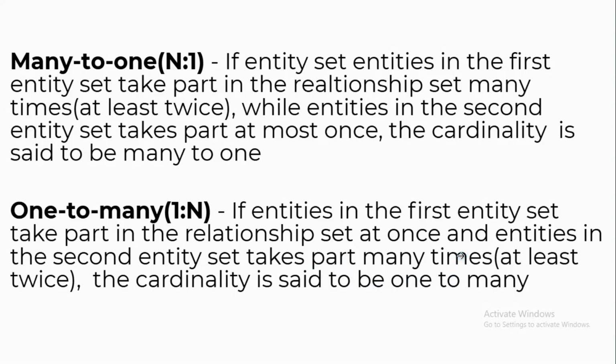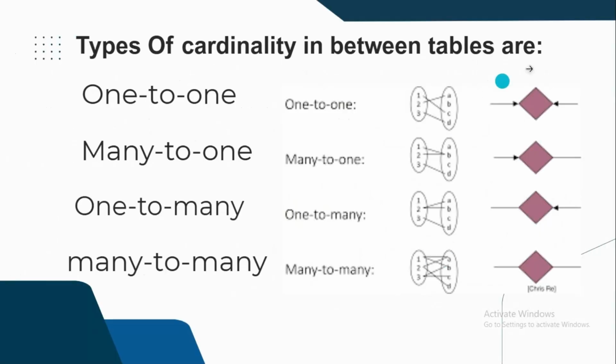Let me explain. Here we have entity set 1 and entity set 2. In this relationship, one record in the entity set can be related to multiple records in entity set 2. So 2 is related to A and B.